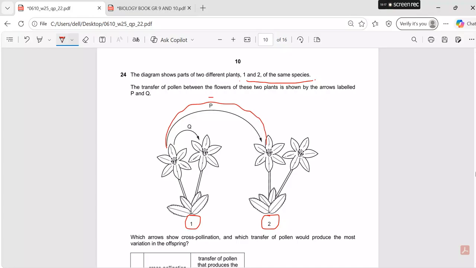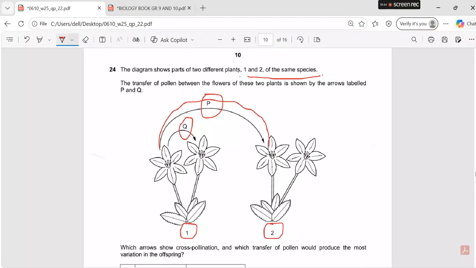This is P. It means the pollens are transferred from flower of plant number 1 to the flower of plant number 2. And in second condition, if you see, the pollens are transferred from one flower to the other flower, but on the same plant. Yes. Okay, now what is the question?